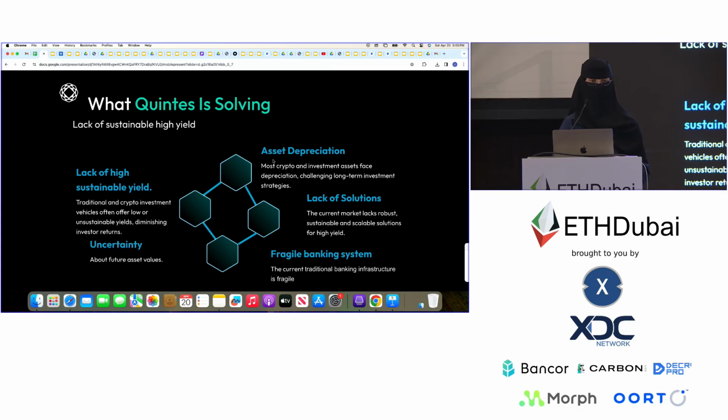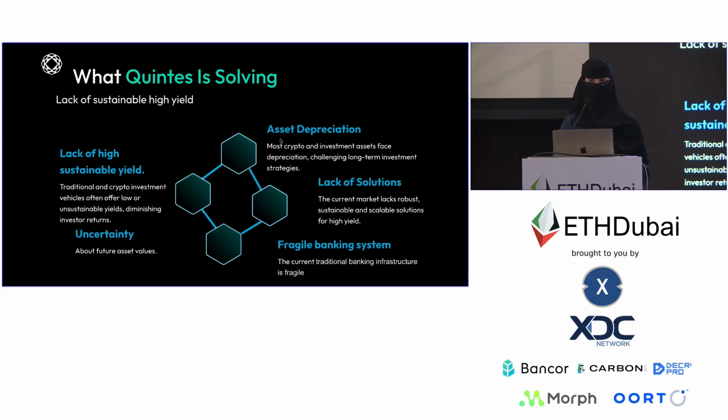So what is the problem that Quantus is solving? I would say it is obvious, because no asset class has performed sustainably, only increasing in price at 18 to 30%. If we outline the problems, it's of course asset depreciation, because no asset can only go up in price.